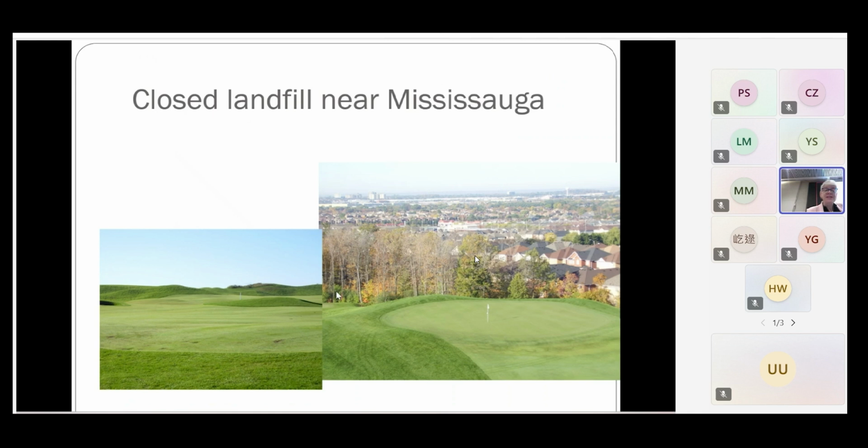This is a closed landfill in Canada. Now they've repurposed it as a golf course, and so you would never know, obviously, that there's a landfill underneath it.